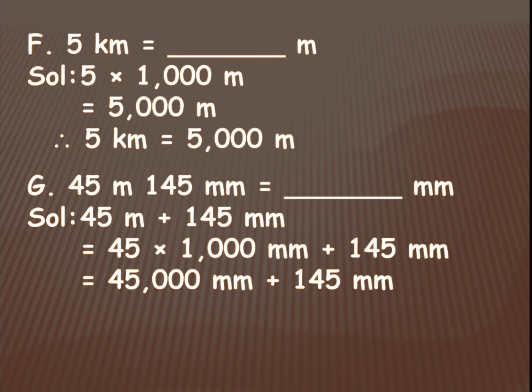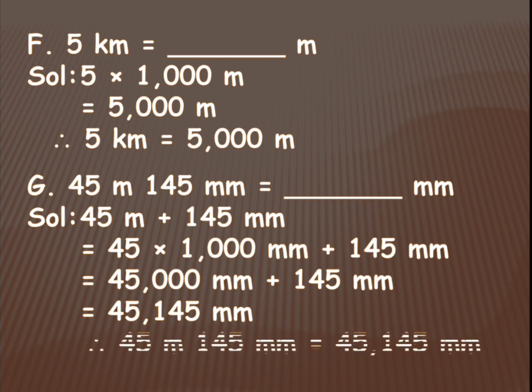45,000 millimeters plus 145 millimeters gives us 45,145 millimeters. So in the dash what you have to write? 45,145 millimeters. So therefore 45 meters 145 millimeters is equal to 45,145 millimeters. Okay, children, in this way you have to do it.